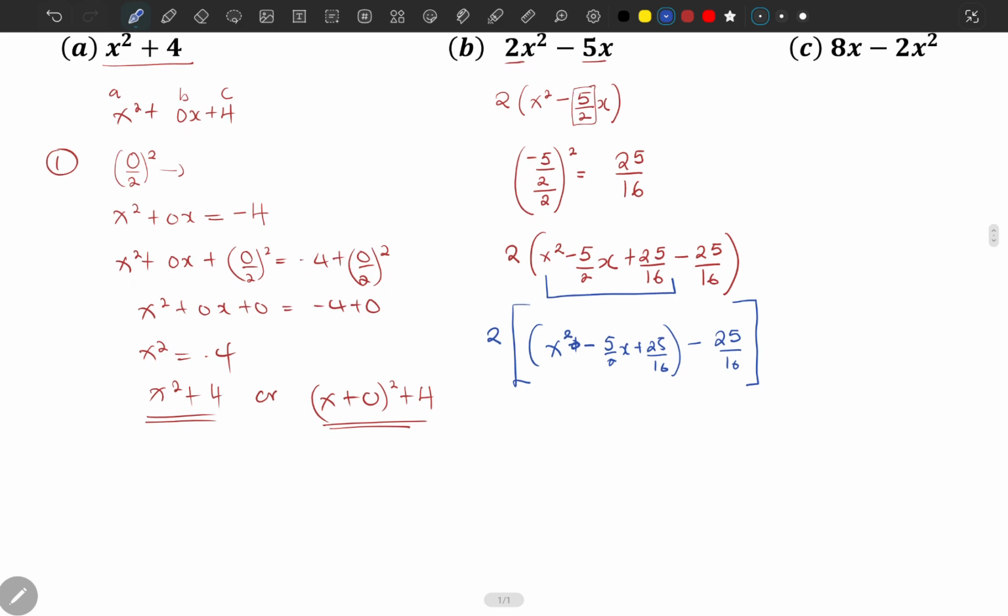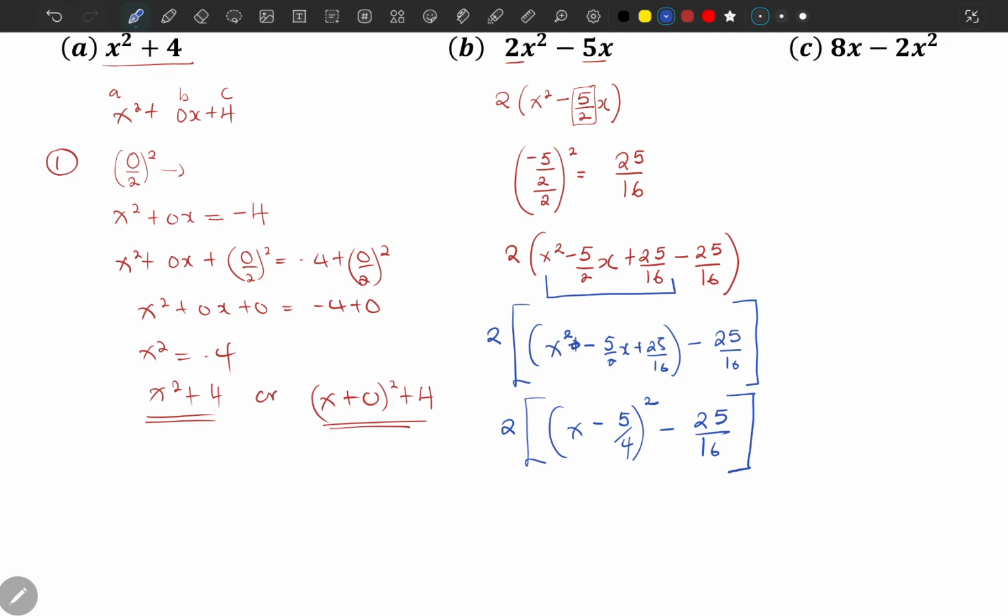Now that I've grouped what I need to deal with, we can go on and factorize. So we have 2, open brackets. Now we're talking about the square. This will be x. If I look at the square root of 25, that will just be 5, so that will be minus 5. And for 16, it is 4. Then I square like that, and then minus 25 over 16.